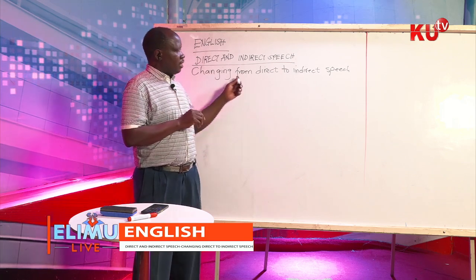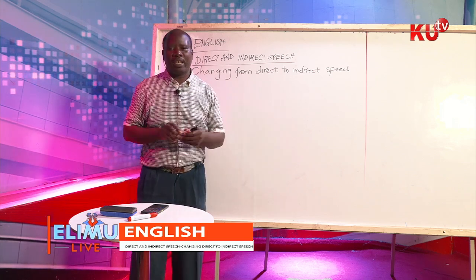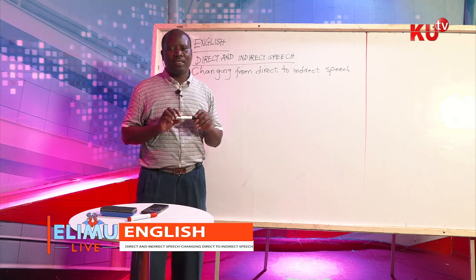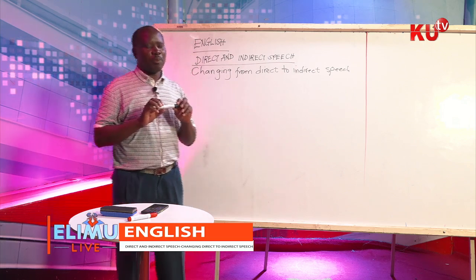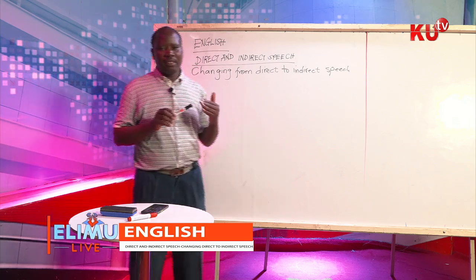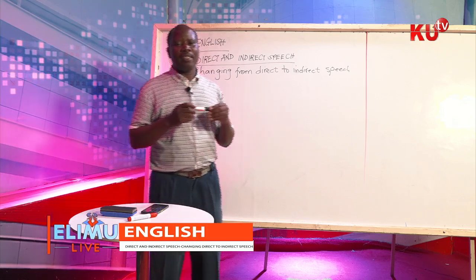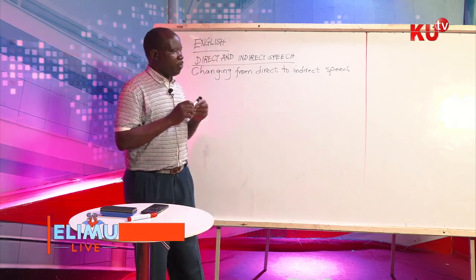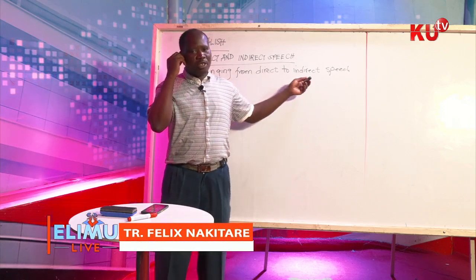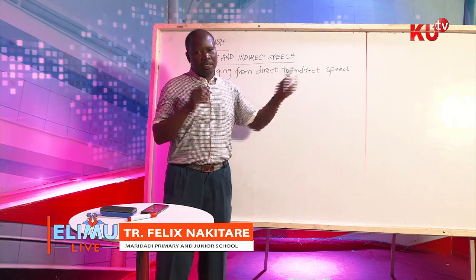There are some things that we have to put into consideration as we change from direct to reported speech. That is, somebody speaks the words, then another person comes to report the words, and that is why it is called indirect speech.